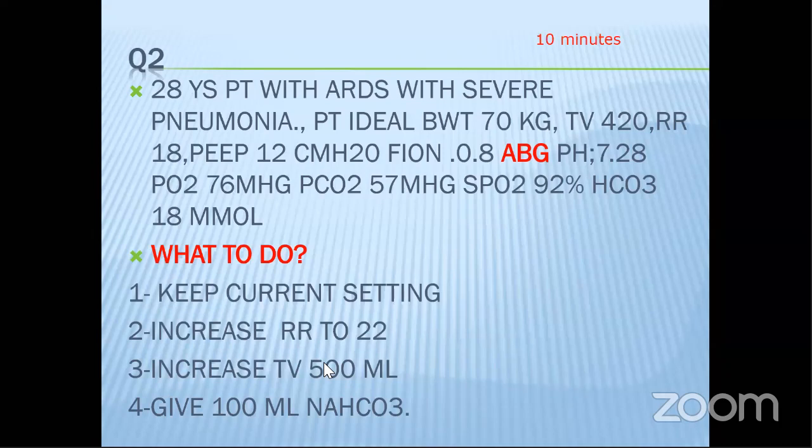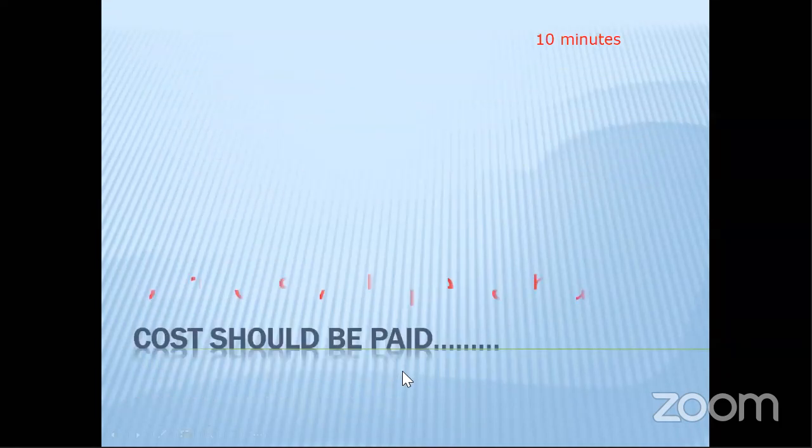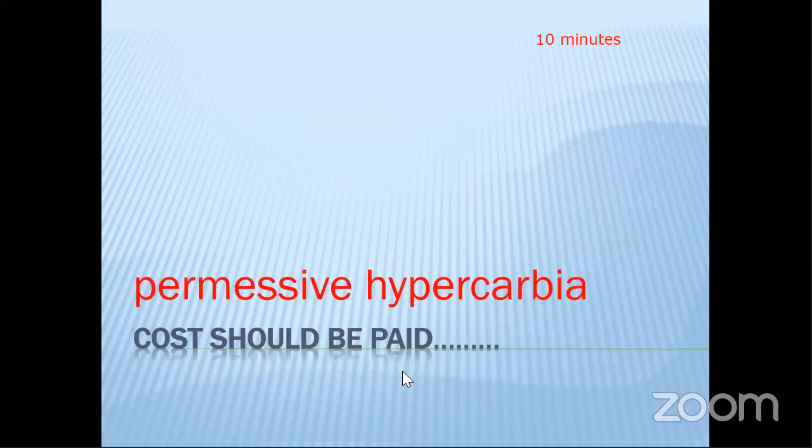This is labeled permissive hypercapnia, which means we accept that the patient has respiratory acidosis and retains some CO2 for the sake of lung protection, because we have evidence that the lung protective strategy improves mortality of patients with ARDS.